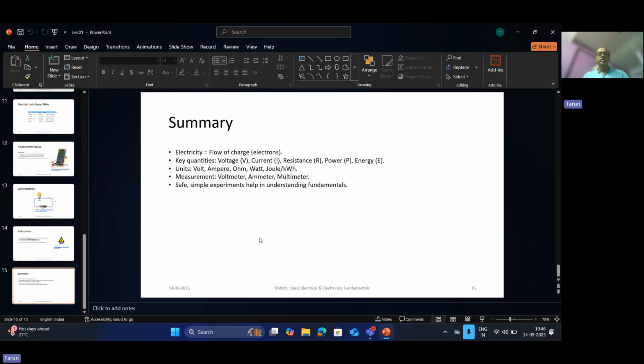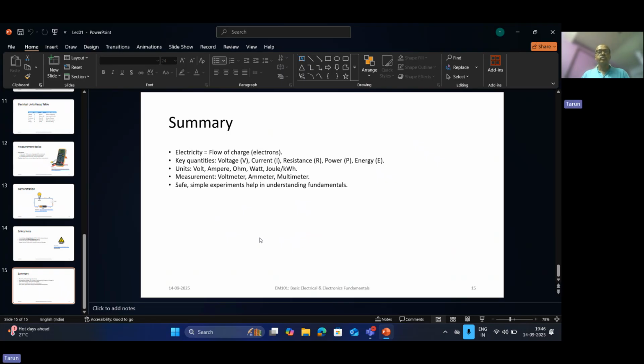The key quantities are voltage, current, resistance, power, and energy. The unit of voltage is volt. The unit of current is ampere. The unit of resistance is ohm. And the unit of power is watt, whereas the unit of energy is either joule or kilowatt hour.